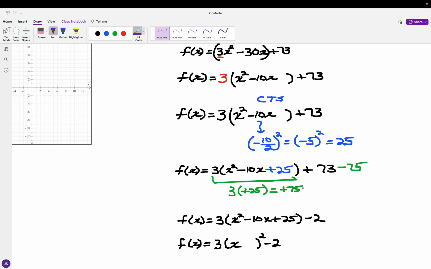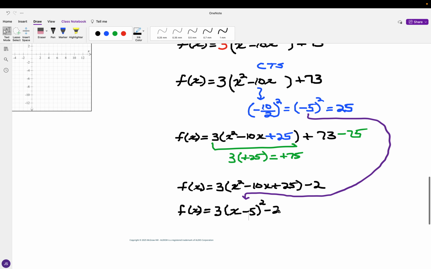Notice in initiating the completion of the square process, after taking half of negative 10, I squared out negative 5, and whatever I square in the completion of the square stage, that is going to return as the representation of the h portion in the vertex form. So the vertex form is going to be 3 times the quantity of x minus 5 raised to the second, minus 2.